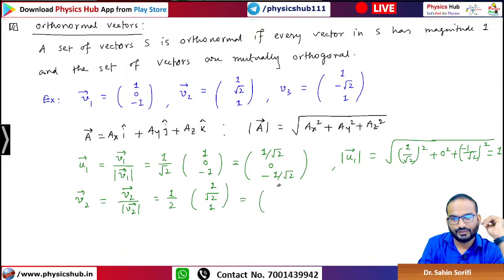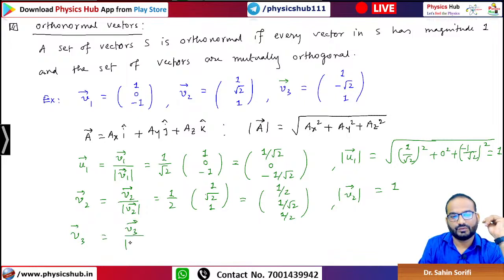So 1 by 2, 1 by root 2, 1 by 2. Again, if you calculate the magnitude, it will give you 1. Similarly, it goes for vector v3, vector v3 by modulus of v3.